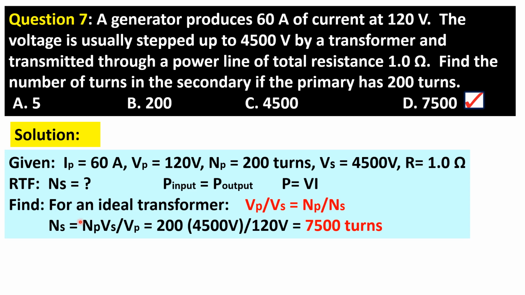And that becomes Ns is equal to Np multiplied by Vs divided by Vp. Each of these quantities is given, such as the number of turns in the primary, which is 200, multiplied by the secondary voltage, 4500 volts, then divide this by the voltage in the primary coil, which is 120 volts, that will give us the result, which is 7,500 turns.